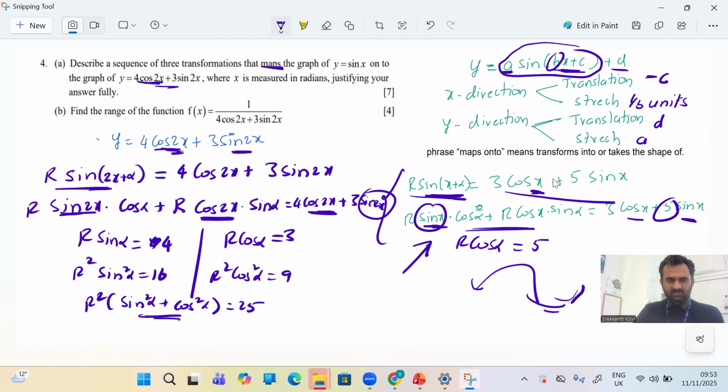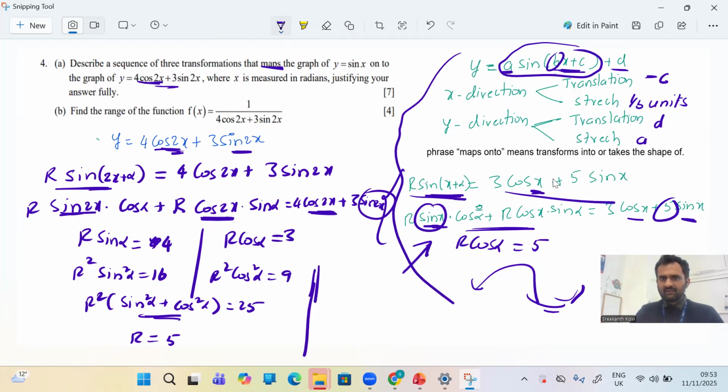This is 1. When you find the square root, you get R equals 5. And you need the angle as well. To get the angle, we divide this by this, so it becomes tan alpha is equal to 4 divided by 3.